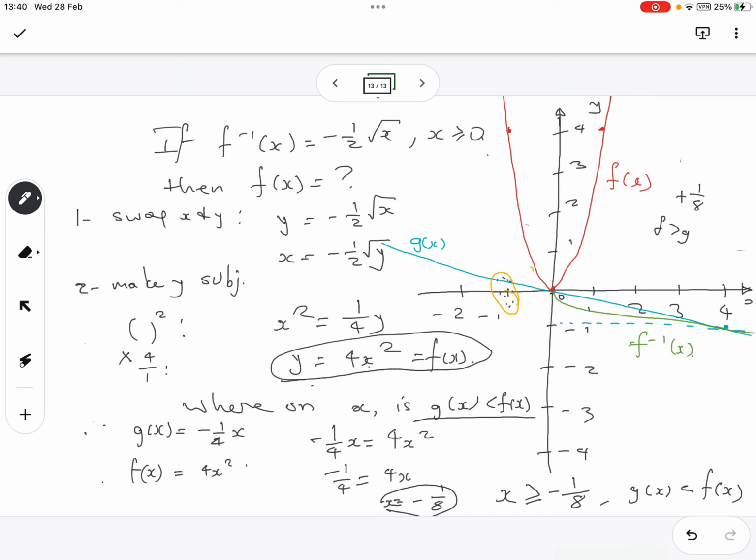Values of x. It says x is larger than 4, unless this meant the inverse.